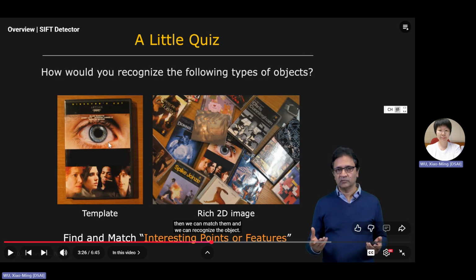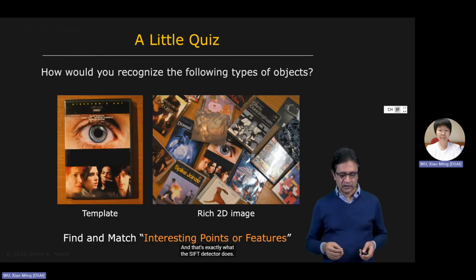And these interesting features could be found on the same object regardless of the differences in their scale and orientation. And that's exactly what the SIFT detector does.